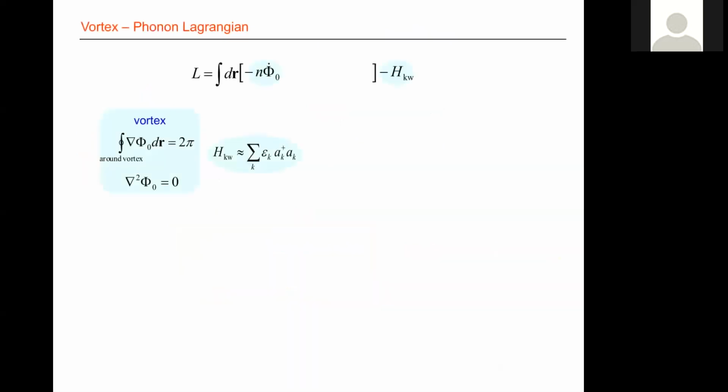So if you start with the Lagrangian for vortices, then you have the standard density times phase-dot term that defines your canonical vortex variables, and the Kelvin-wave Hamiltonian. If you work it out, you will get your quantized operators that we had in the Kelvin-wave problem. Exactly the same Hamiltonian as well.